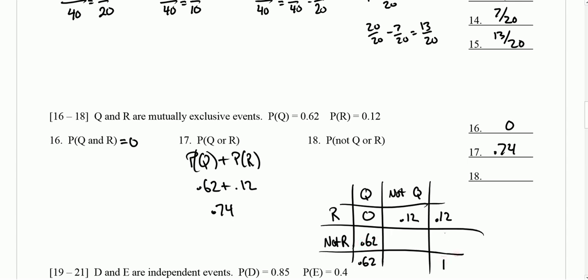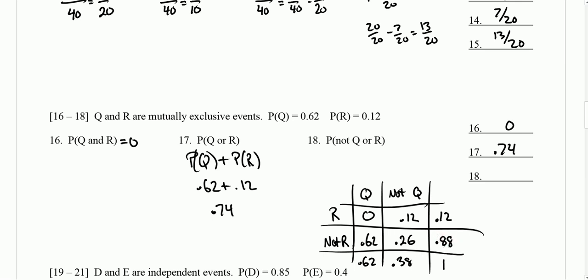The total here is going to be 1, so 0.62 plus, complements add up to 1, 0.38 adds up to our 1, and so that tells us this has got to be 0.26, and this one's 0.88.